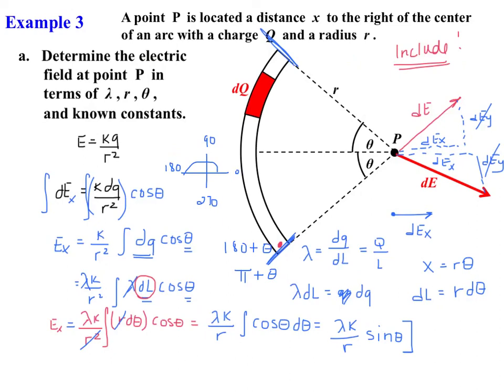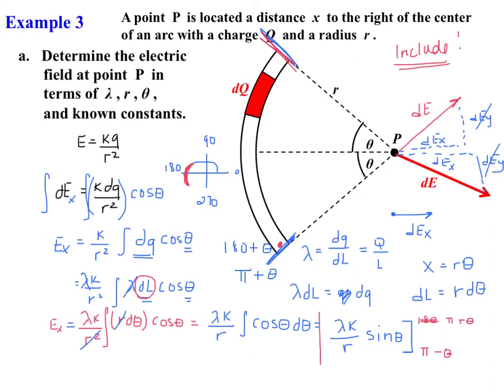My arc consists of from here to here. So it's simply 180 plus theta, actually I'm going to put in radians. Pi plus theta is going to be my top limit, and my bottom limit will be 180, or pi minus theta. Again, either of the limits would work.